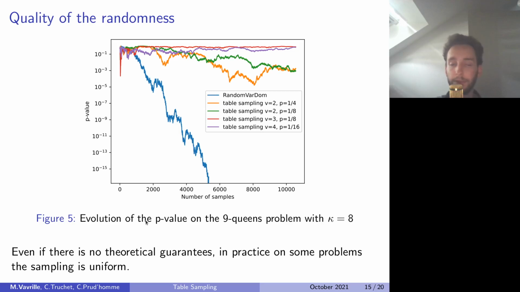So even if there are no theoretical guarantees, in practice on some problems the sampling is uniform. This is probably due to the structure of the n-queens problem. Here it was on the 9 queens, and this problem is very structured with a lot of symmetries. That's why we have this uniformity here.